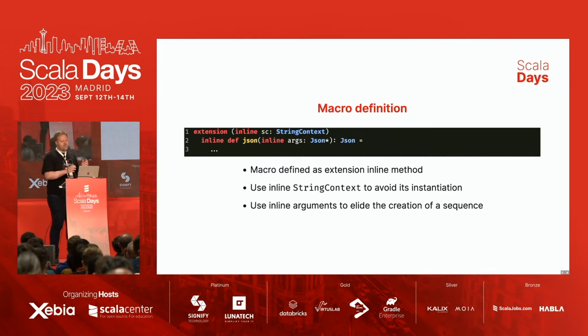We just want to have it at compile time to look into it, to figure out what the string parts are, and then we are going to generate some completely different code. For the args, we also want to inline them because we don't want to create the sequence of those varargs. We will just take each individual vararg and put them in the code directly.